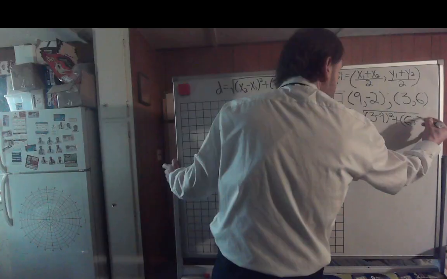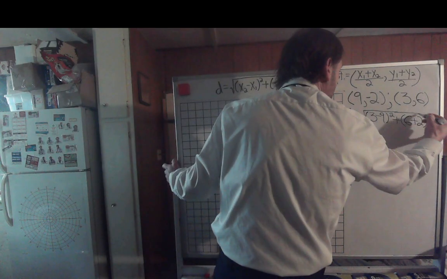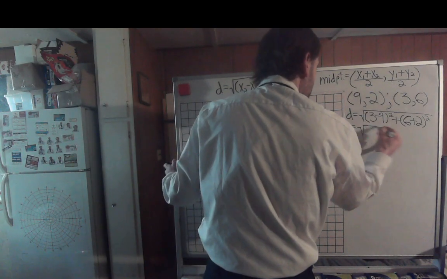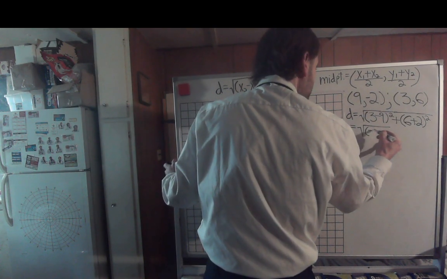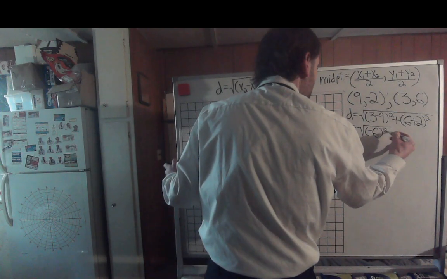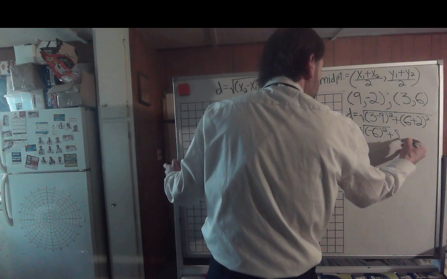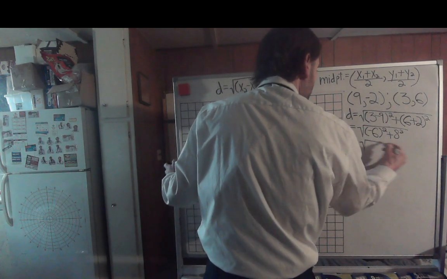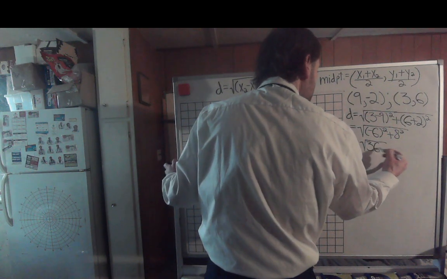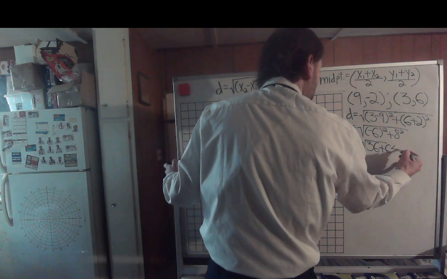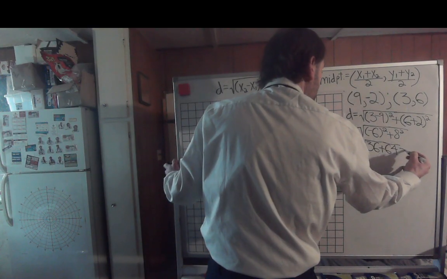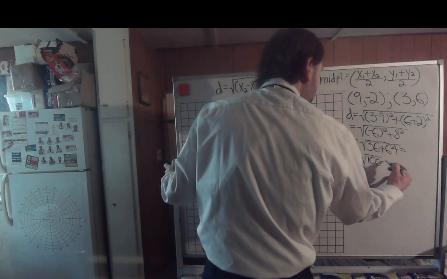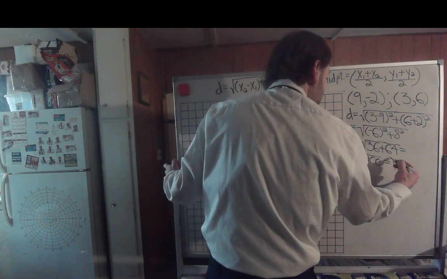This would really become 6 plus 2 squared. So this would turn into the square root of negative 6 to the second power, plus 8 to the second power. So this would become the square root of 36 plus 64, which would end up giving me the square root of 100 for a distance of 10 units.